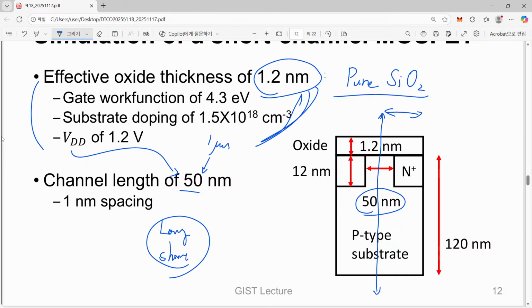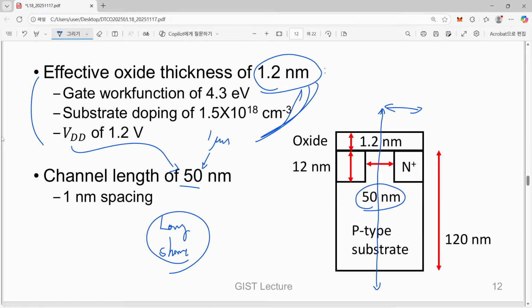After that, people tried to reduce it even further with pure silicon dioxide, and they found that the gate current is explosive. So that's the reason why they stopped using pure silicon dioxide. After that, for a while they introduced stress. After that, they introduced the high-K metal gate stack.